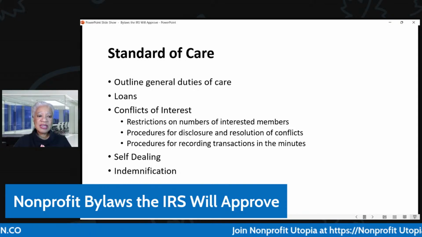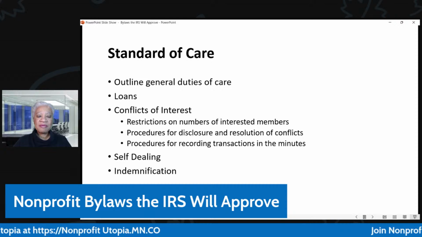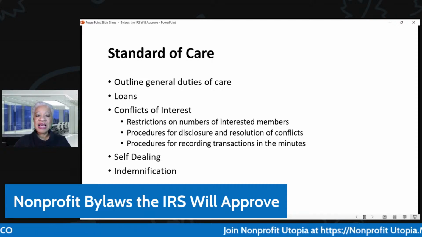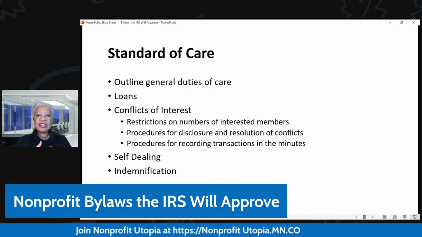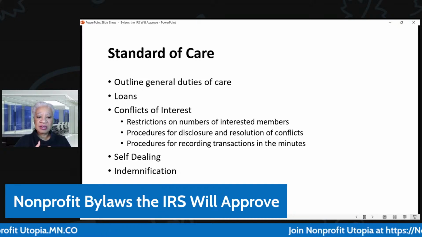You also want to outline what the board's authority is in terms of loans, the conflicts of interest, how you're going to handle conflicts of interest, what constitutes a conflict of interest. If you're in a situation where there are people you want to bring on board who have conflicts of interest, this is really something you should avoid.